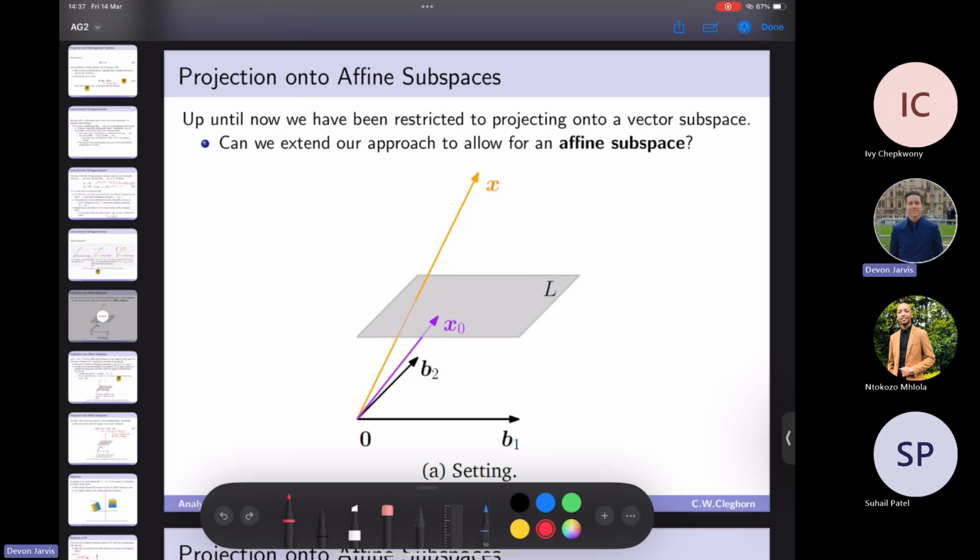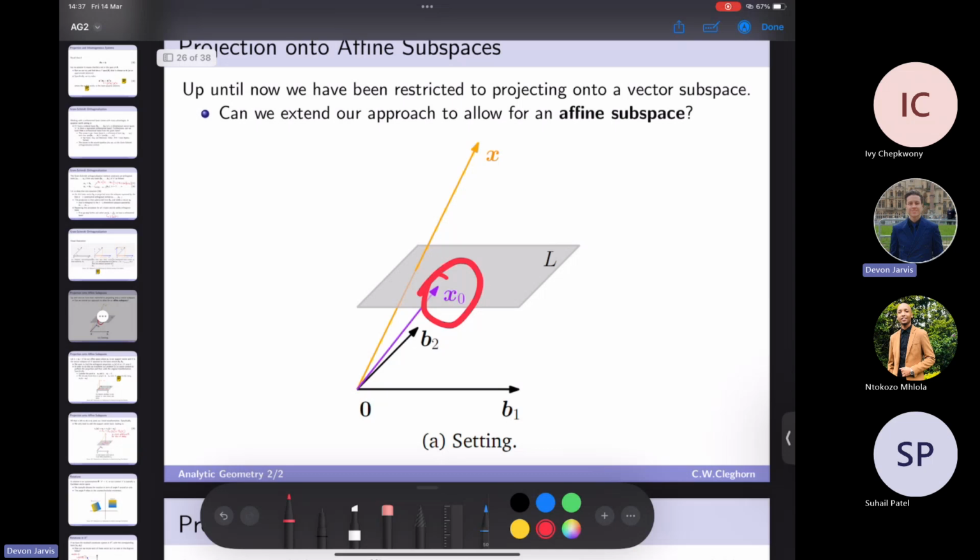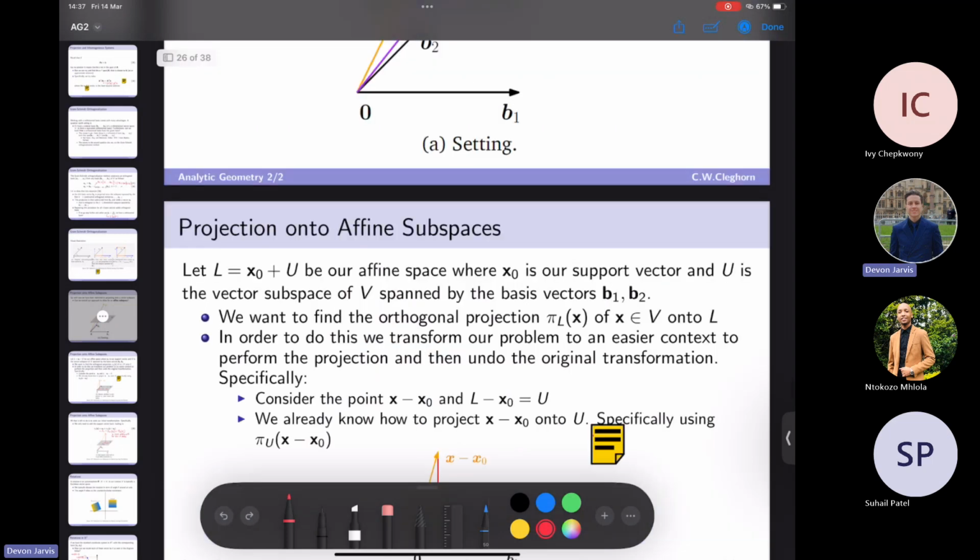Could you maybe add or remove a bias so it now sits on the origin? Correct. That's exactly it. What we're going to do is first subtract x0 so that you end up with a vector space. You will then do your projection onto that vector space, and then at the end you just come through and add x0 back on.